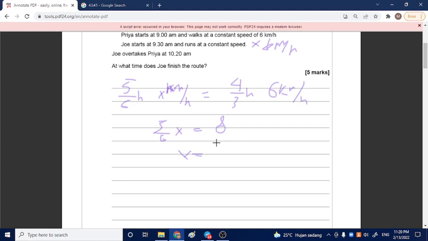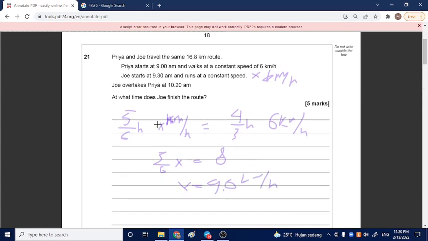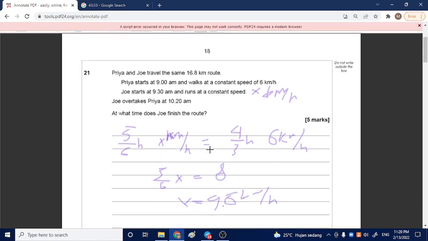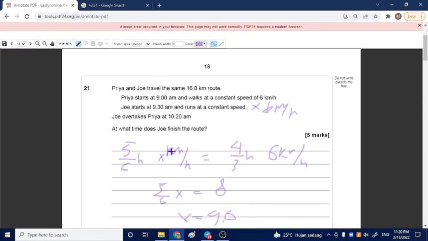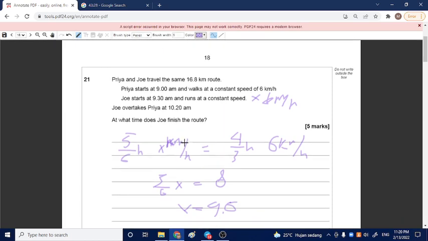I mean, x is just 9.6 kilometers per hour.